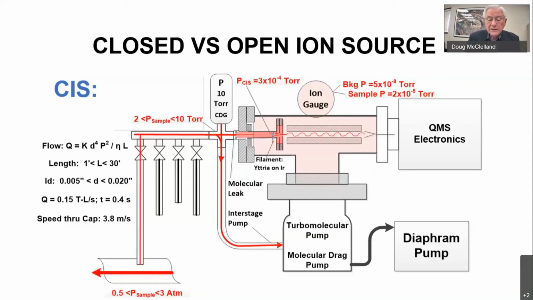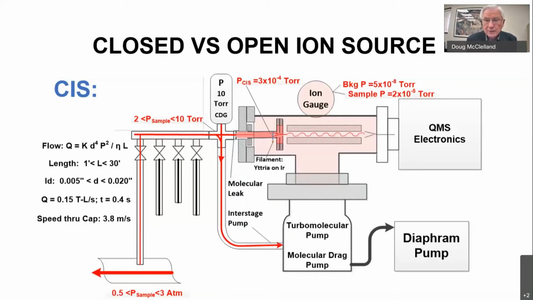Electrons come in from the side here underneath the closed ion source and form ions, which are extracted by various voltages and injected into the quadrupole mass filter.